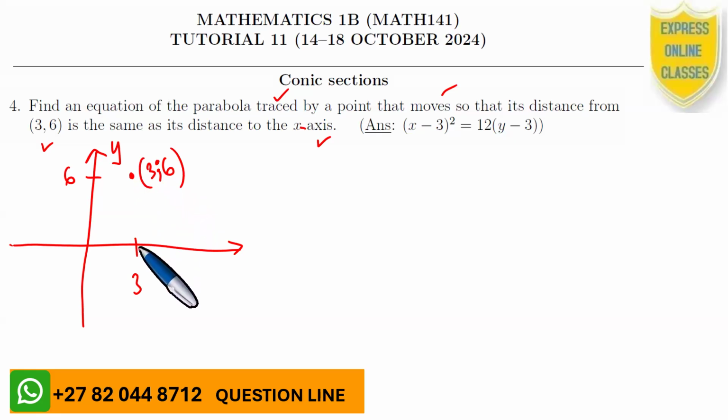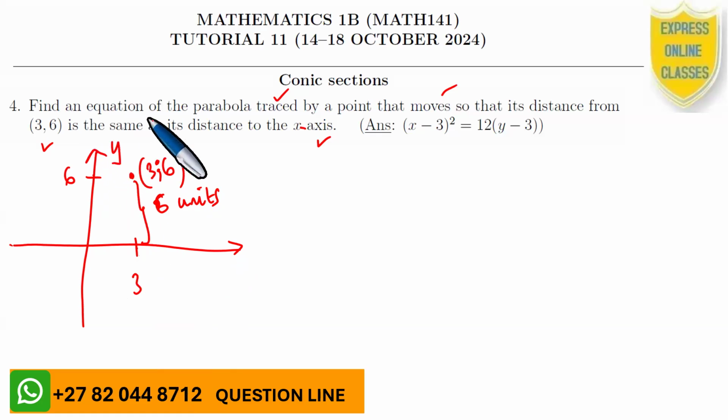Right, and its distance from the x-axis is what? It's exactly 6 units, because how high you go, we go up to y, so it's 6 units. That is the distance.